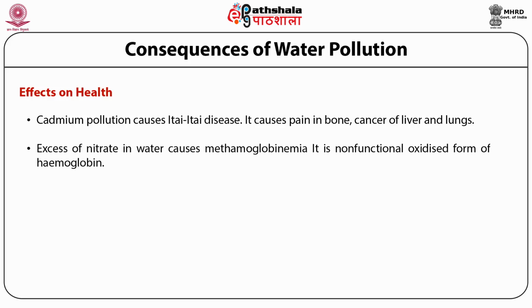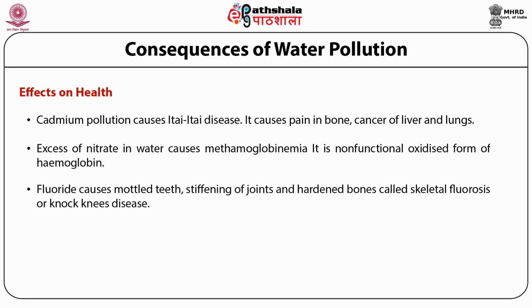Excess of nitrate in water causes methemoglobinemia. It is a non-functional oxidized form of hemoglobin. Fluoride causes mottled teeth, stiffening of joints and hardness of bone, called skeletal fluorosis or knock-knee disease.